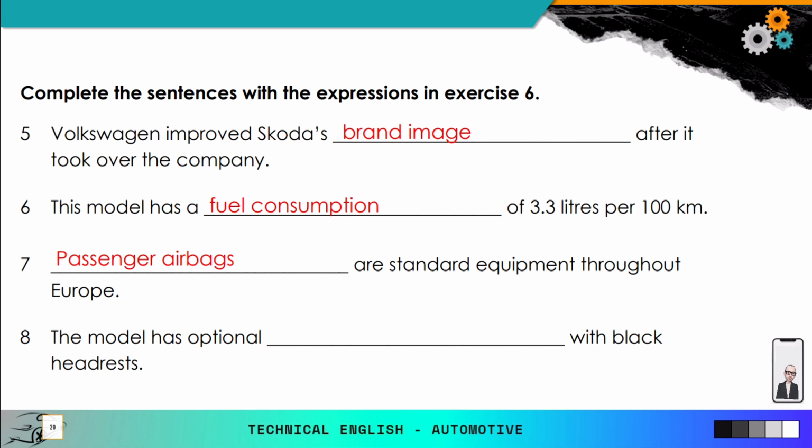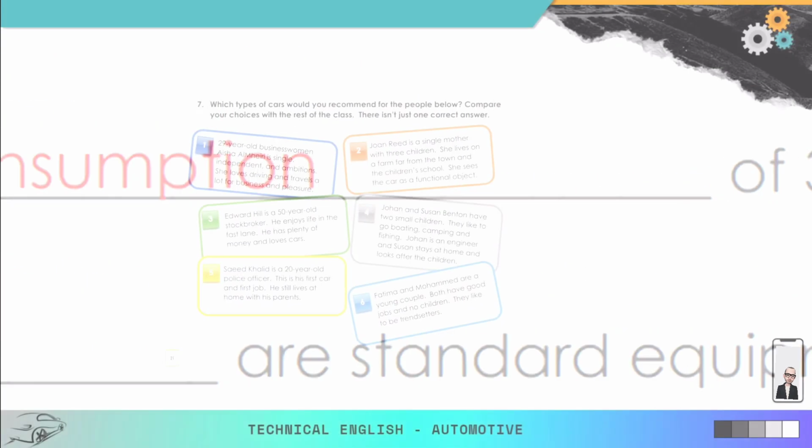I would think that every single car these days would have to have passenger airbags. The model has optional leather seats with black headrest. That's a bit odd. Anyway, leather seats. All right, so brand image, fuel consumption, passenger airbags, and leather seats.